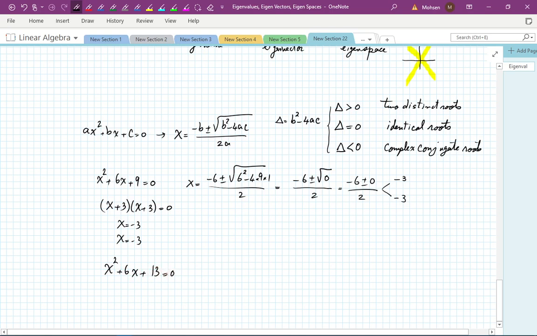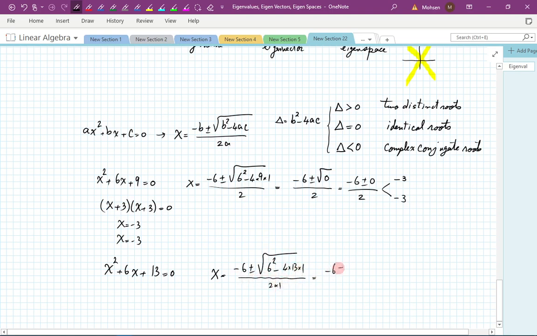Well, if you sit down and try to factor it, it doesn't look easy to factor. If you try ordinary numbers, nothing works, so you might throw your hands up in the air, but there is a factorization. To find it, it's better to use the big guns. Say minus 6 plus or minus the radical of 6 squared minus 4 times 13, over 2 times 1.